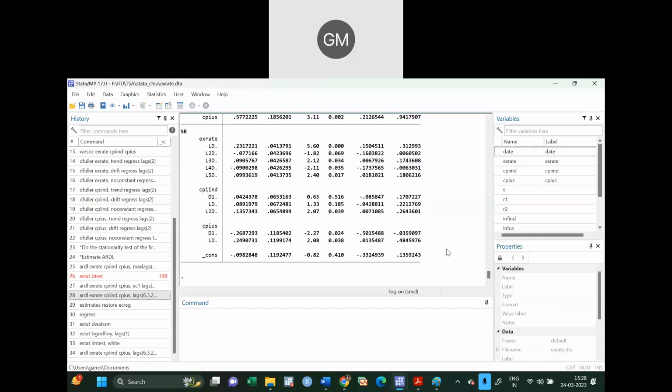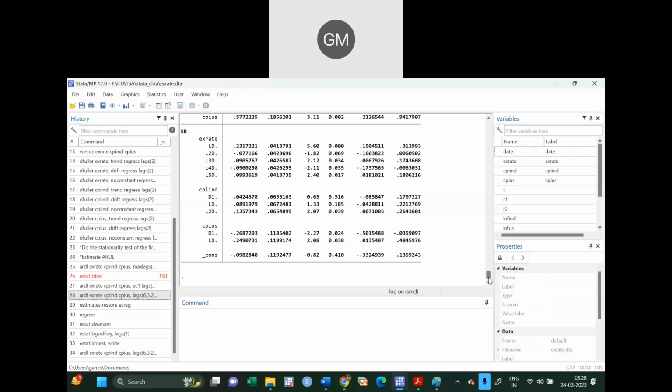This is the equation. So you can also look at the impulse response function, etc., and the shock affecting the exchange rate and so forth.